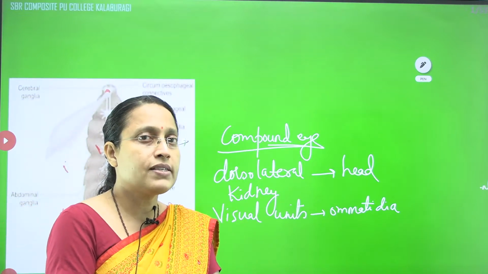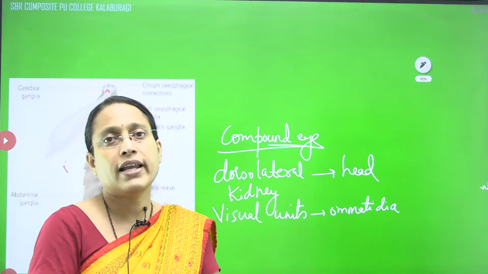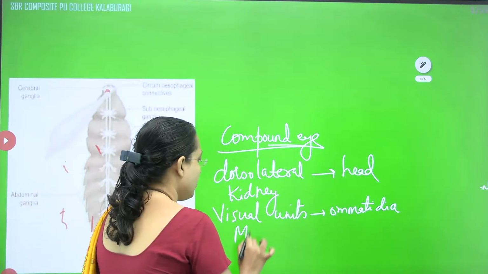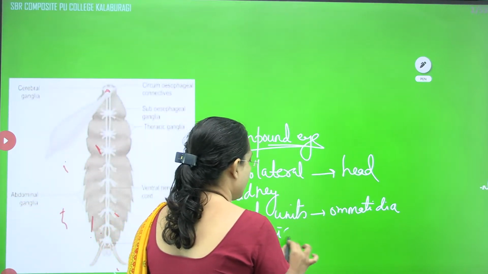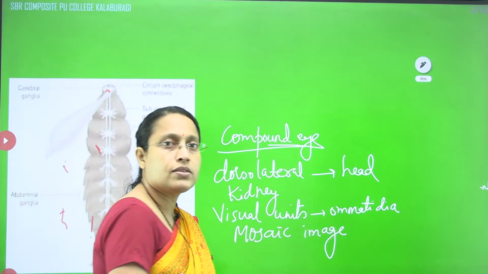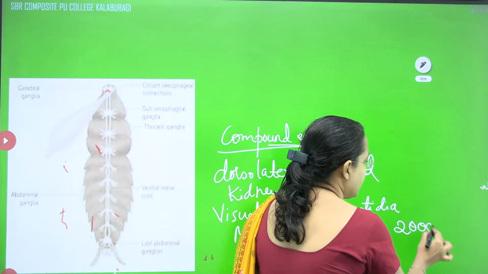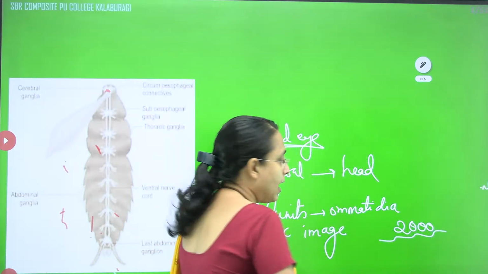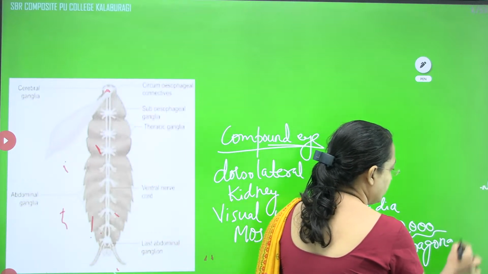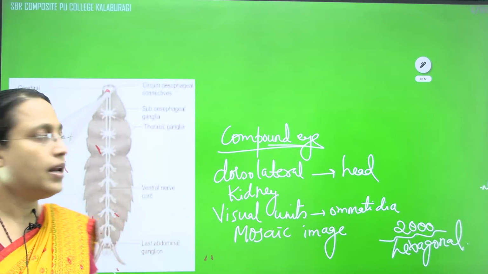Then the individual image of a single ommatidium is combined with the images of other ommatidia, and finally a complete image is formed, and such an image is called a mosaic image. There are about 2000 ommatidia, and they are hexagonal in shape.